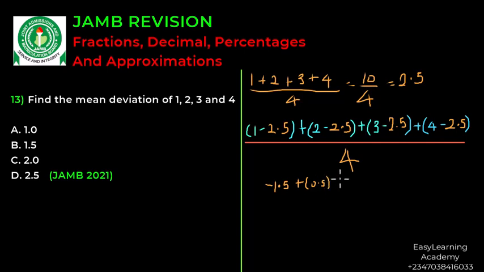Looking at the next one, 3 minus 2.5 is going to give us this time positive 0.5. This is not negative, it is positive. And the last one, 4 minus 2.5 is going to give us positive 1.5. So we're going to add all of it, and then divide it by 4.